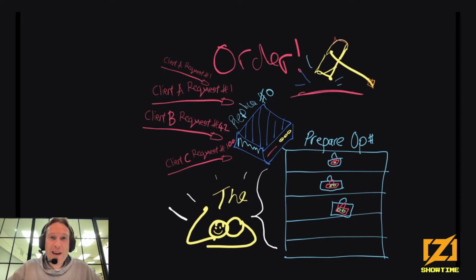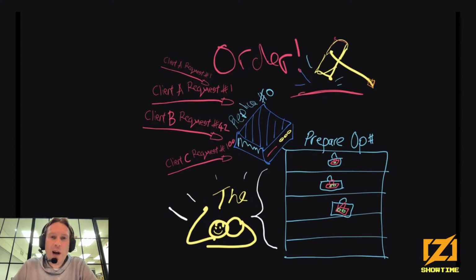Back to order. Because we have replica 0 as the primary for now, this is pretty easy. We just have replica 0 keep a number in memory called the prepare operation number, or op number for short. Then as each client request arrives, we assign it a number. Let's say that replica 0 has already processed 699 ops.